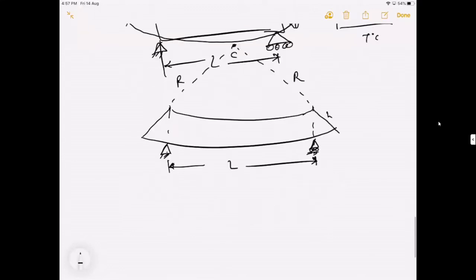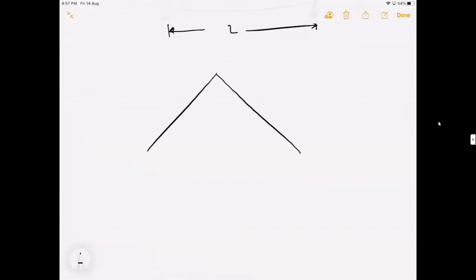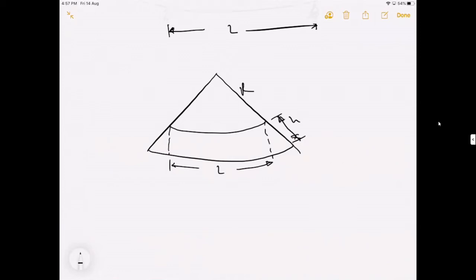Okay, so let's see this in a fresh diagram like this. So this is my length L, this is H, and this is R, this is center point 0, and this is angle theta.